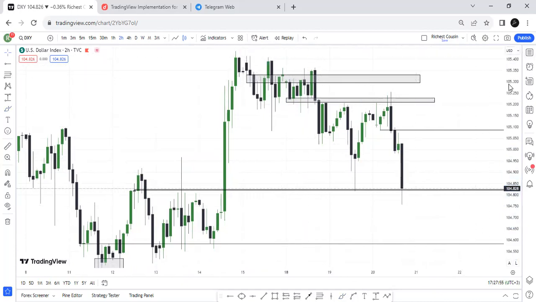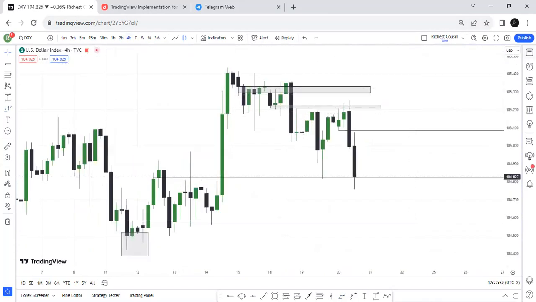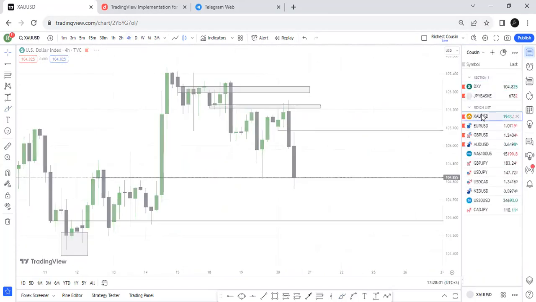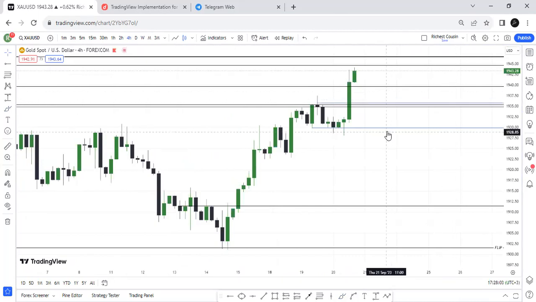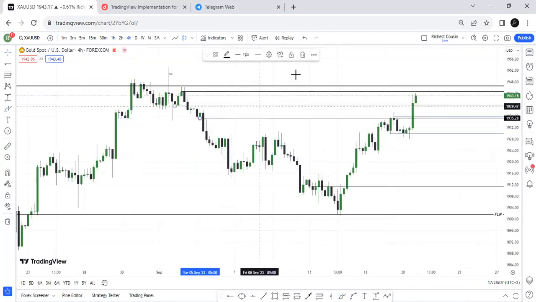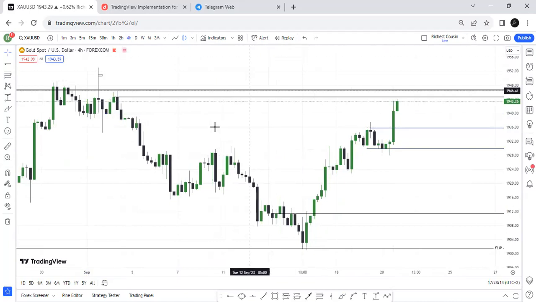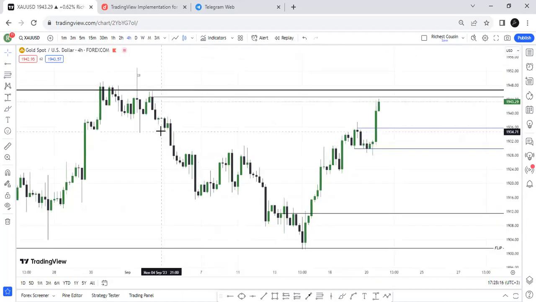Now let's look for other examples, on gold. The same thing: you will define your market or your structure in terms of buyers and sellers, in terms of participants in the market.